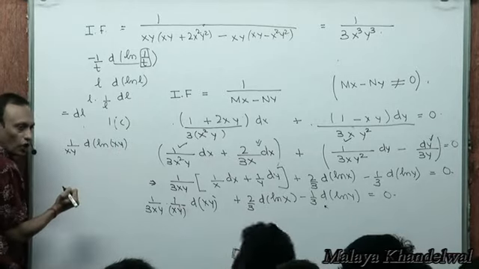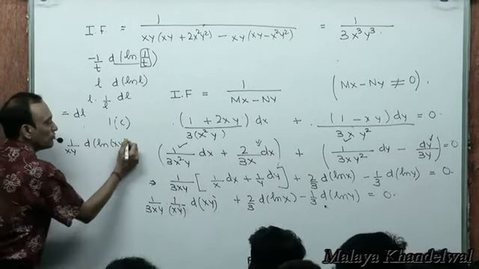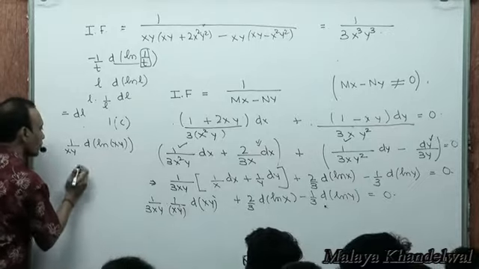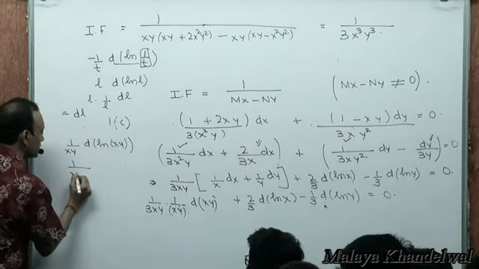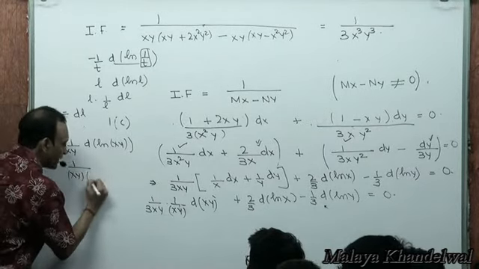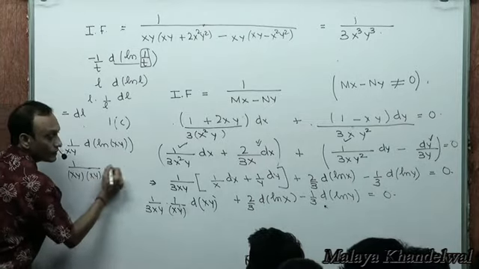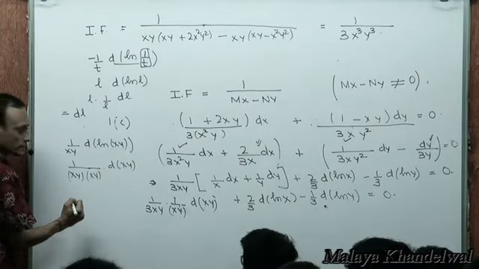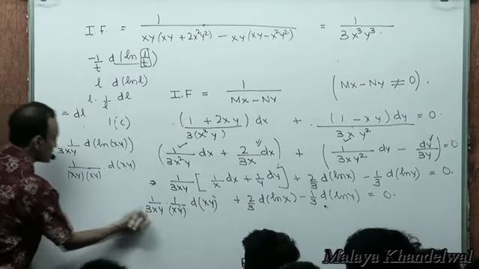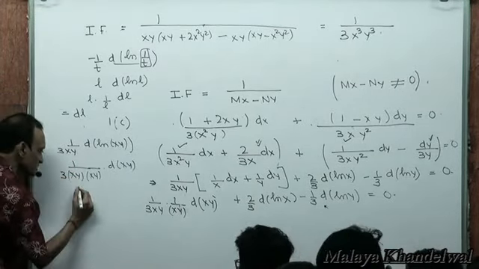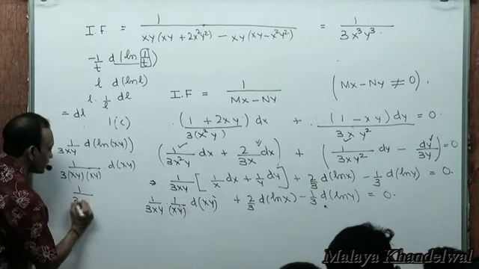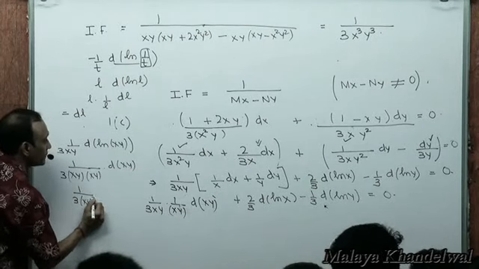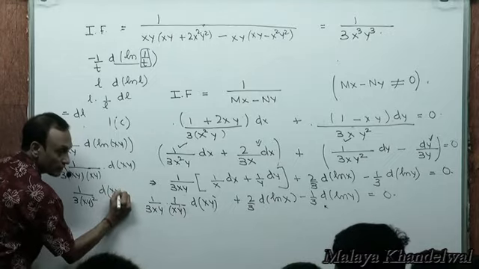D of log of this is what? 1 by xy. This is 1 by xy d of xy, isn't it? And there is a 3 sitting here. So this is like 1 by 3 xy squared d of xy.